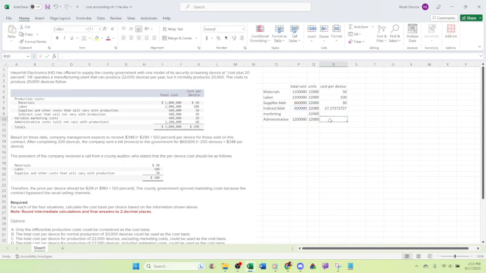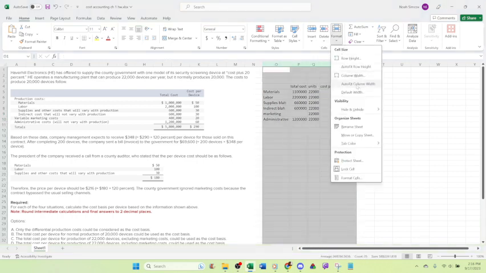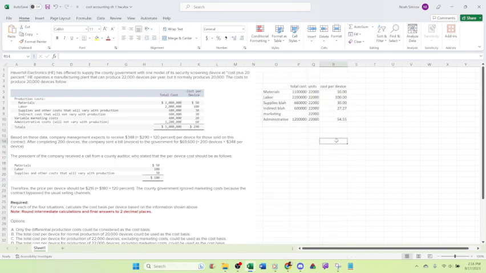This feels wrong because I got a decimal answer. The cost per device changes on fixed costs when you change the production. It's so counterintuitive.